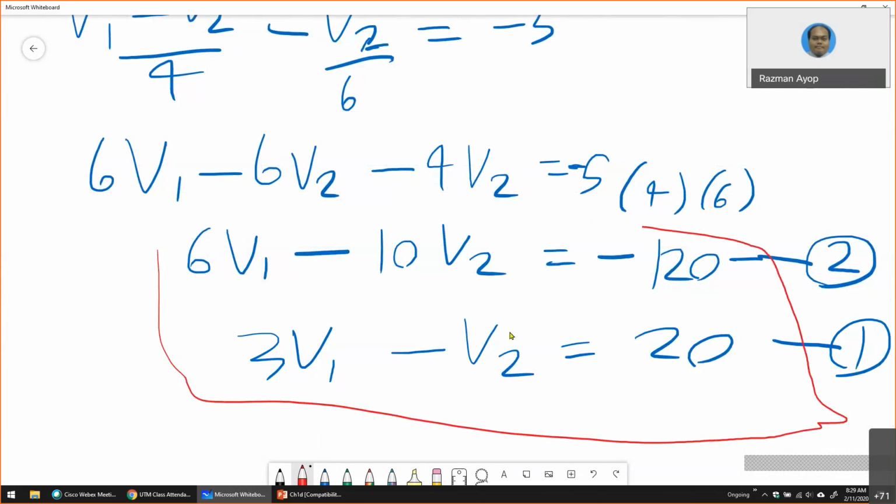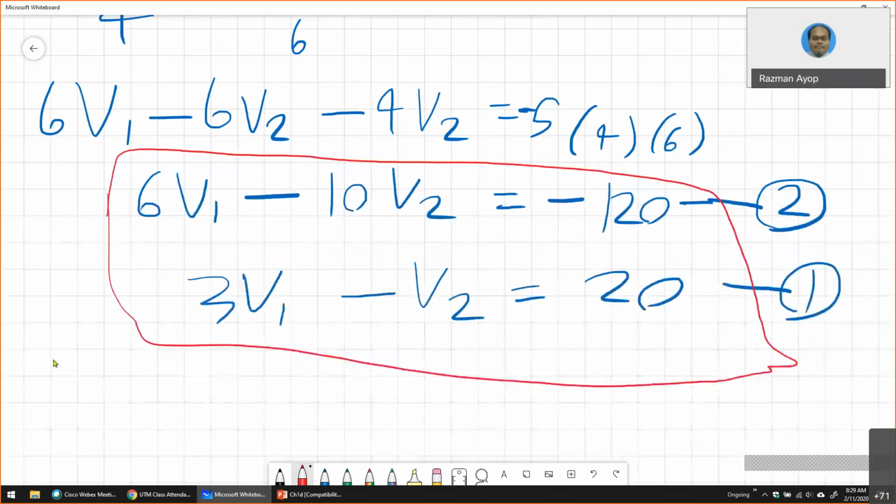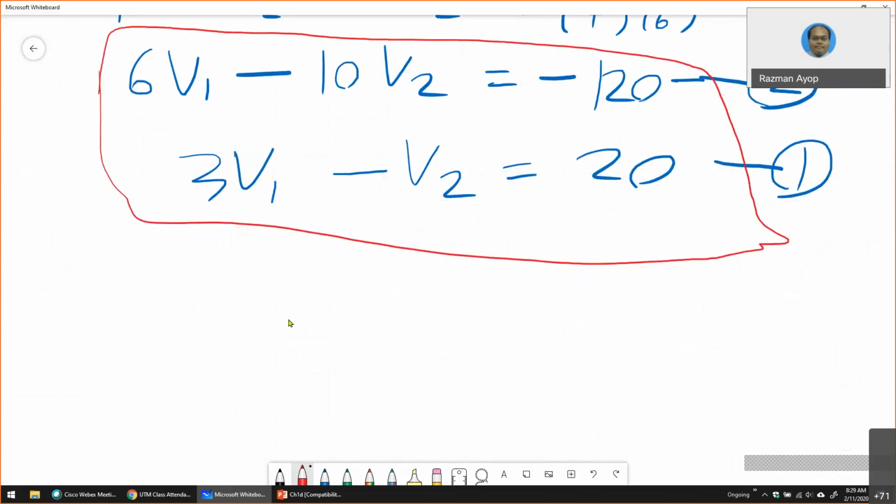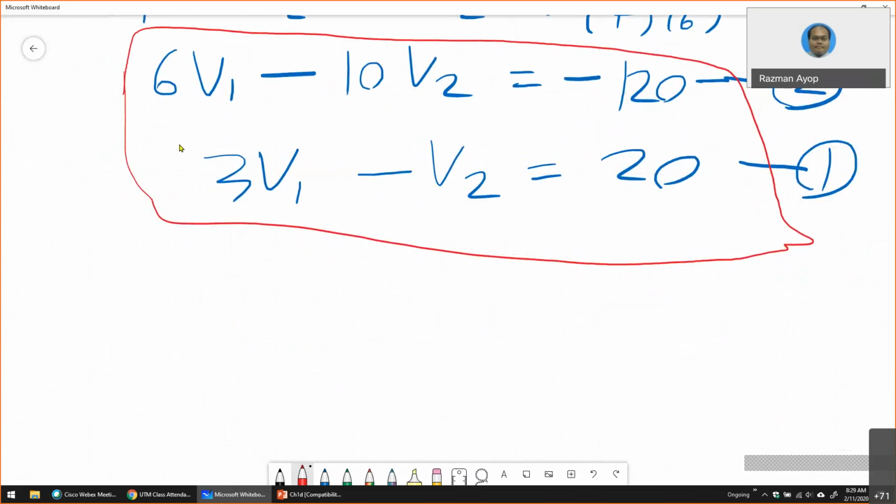Do not use manual method. You have to use your calculator. Please use your calculator, get the answer, because you have to practice using your calculator to solve this. So you have to look at the video I give you before.